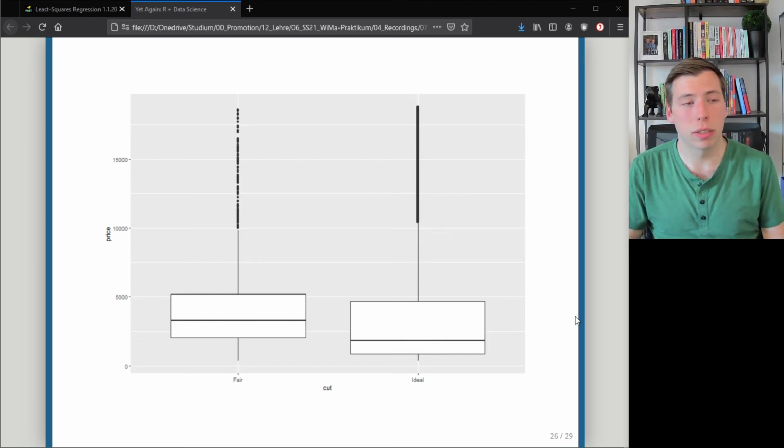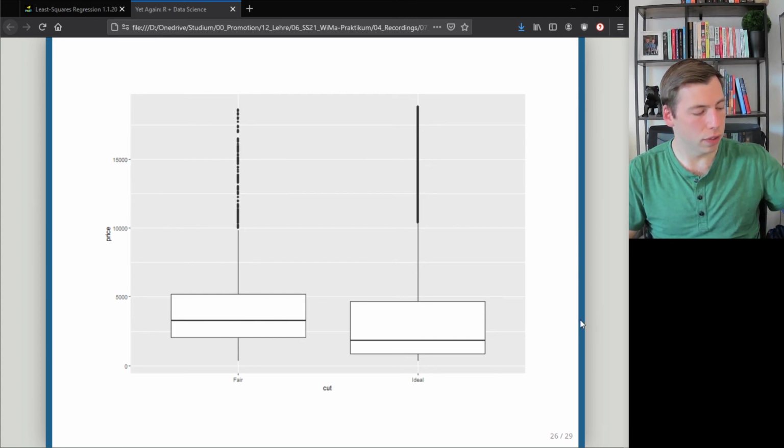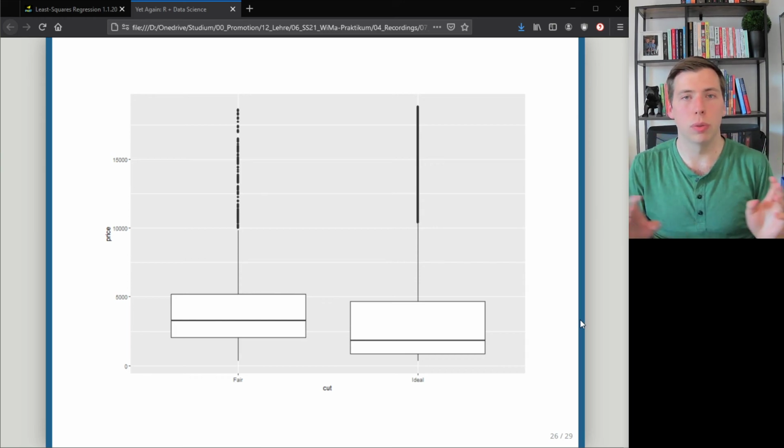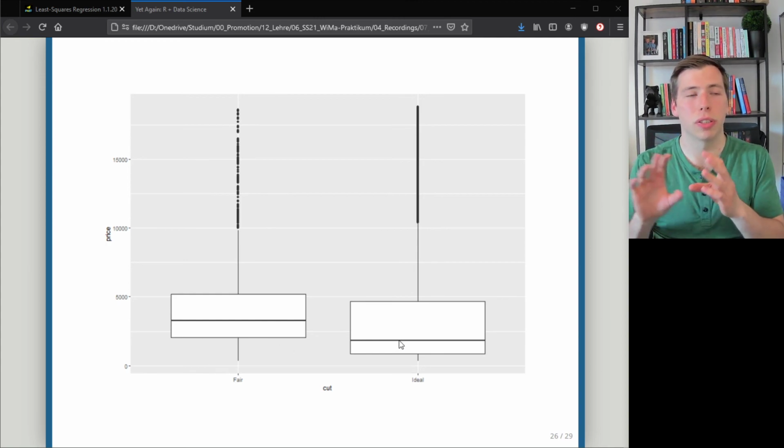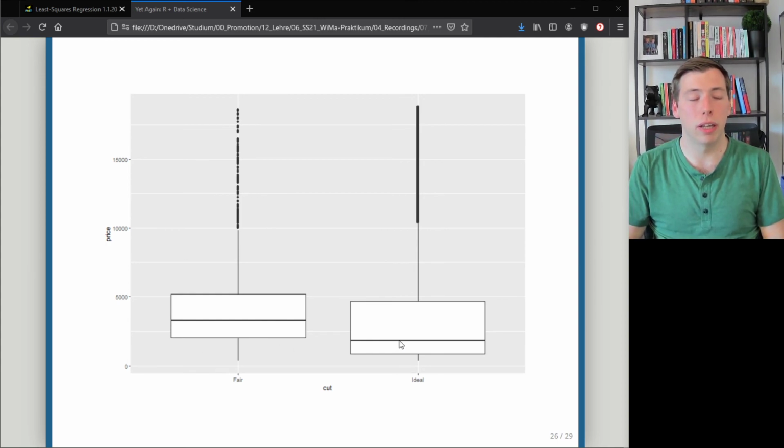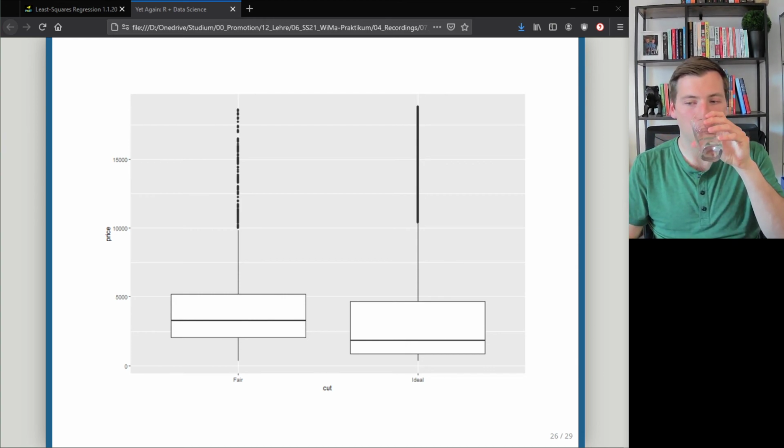And this is why here again confounding is doing its thing, and therefore you cannot really compare fair diamonds and ideal diamonds because they are so different in the weight, and the weight is driving the price. That's more or less the story behind this.